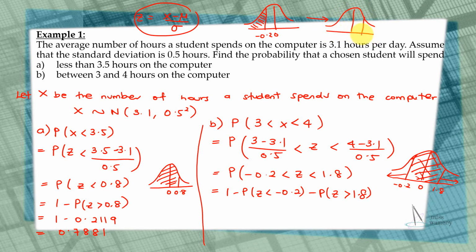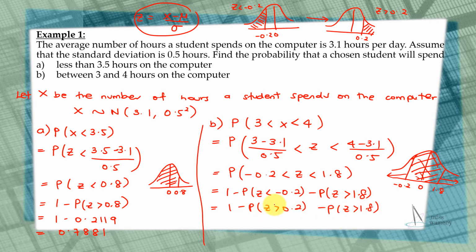So flip them, you're going to get positive 0.2, so instead of going to the left hand side, this is going to the right hand side. So if this one is Z less than negative 0.2, this one is going to be Z more than 0.2. So we can take 1 minus probability of Z greater than positive 0.2 minus probability of Z greater than 1.8.